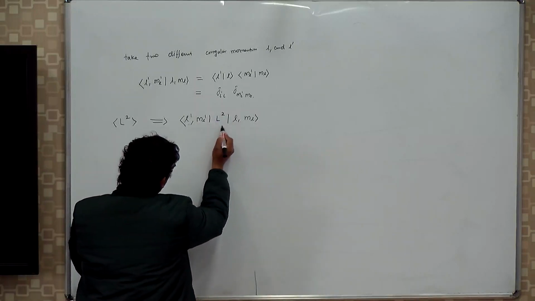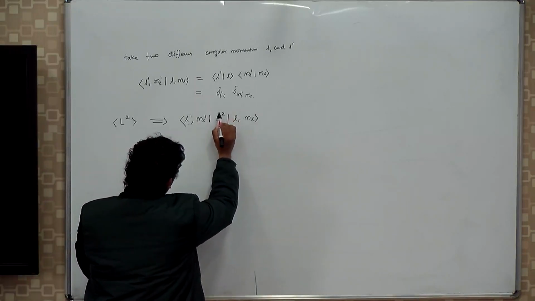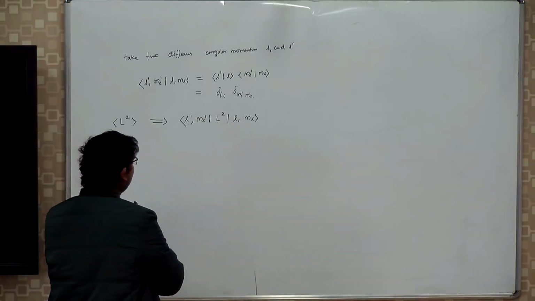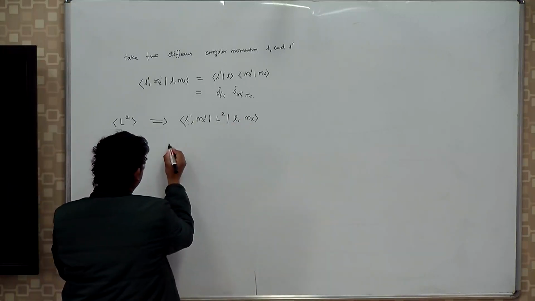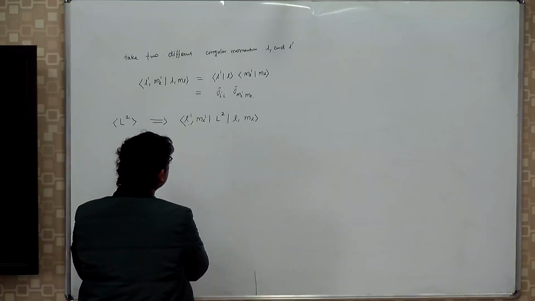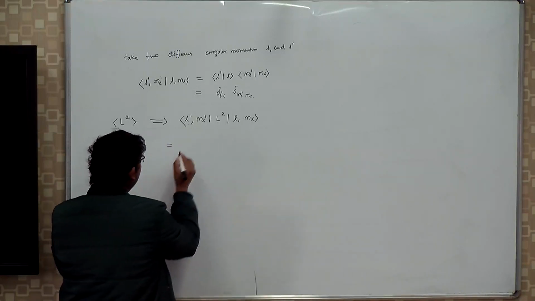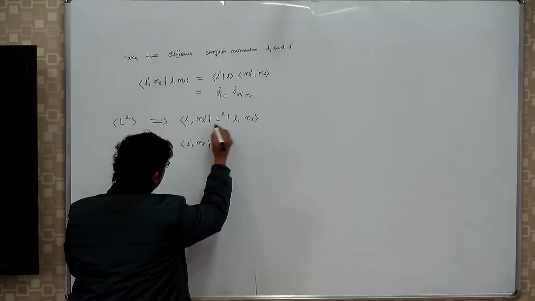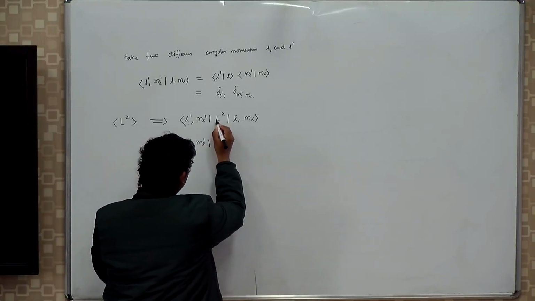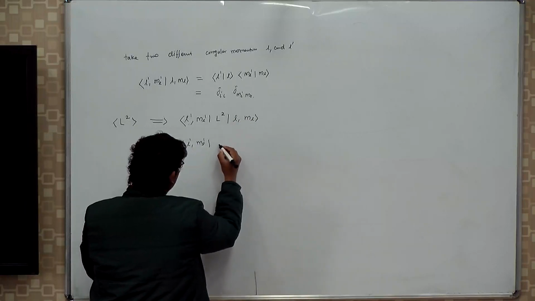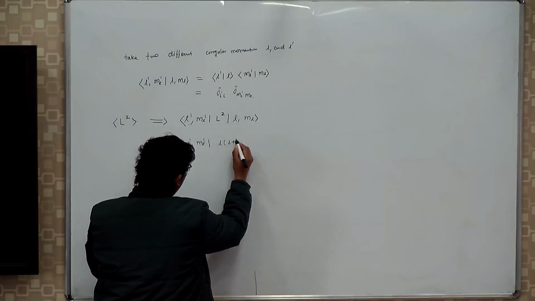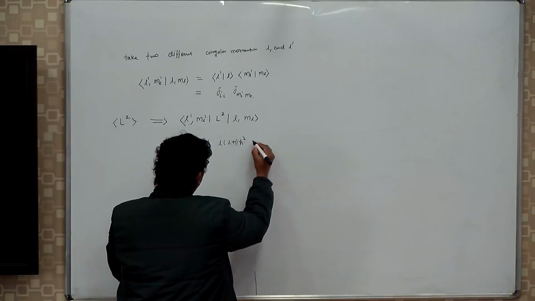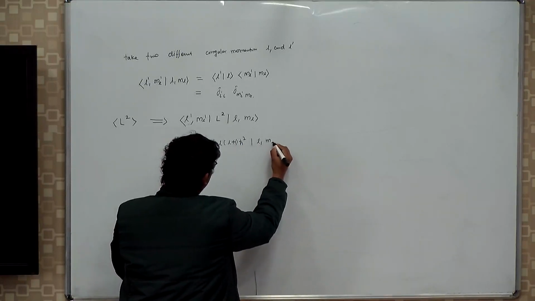So the total orbital angular momentum L squared acts on the quantum state L here to give the eigenvalue, and with L dash, mL dash, the eigenvalue when L squared acts on this state is L(L+1) h-cross squared, with |L, mL>.